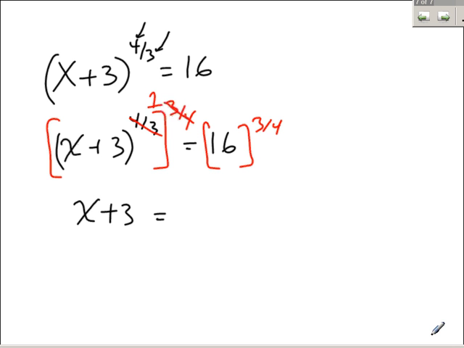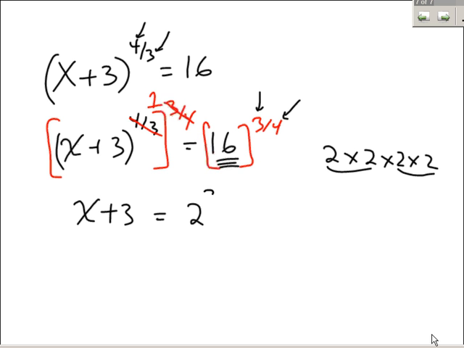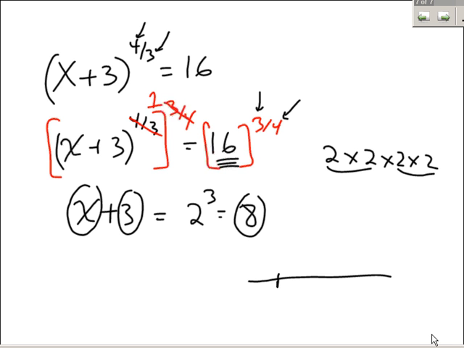And the other side, what times itself 4 times gives you 16? Well, try 2. 2 times 2 is 4, 4 times 4 is 16. So it's 2 to the third power, which is 8. Some number, when you add 3 to it, bingo, you get 8. If you really don't know that it's 5, here's that number.